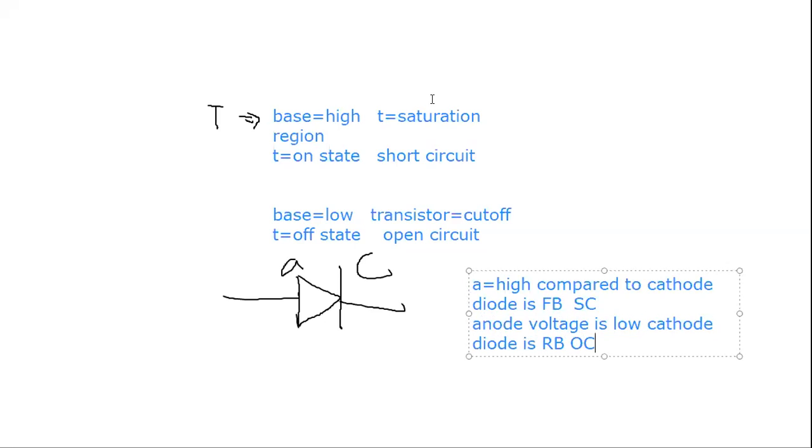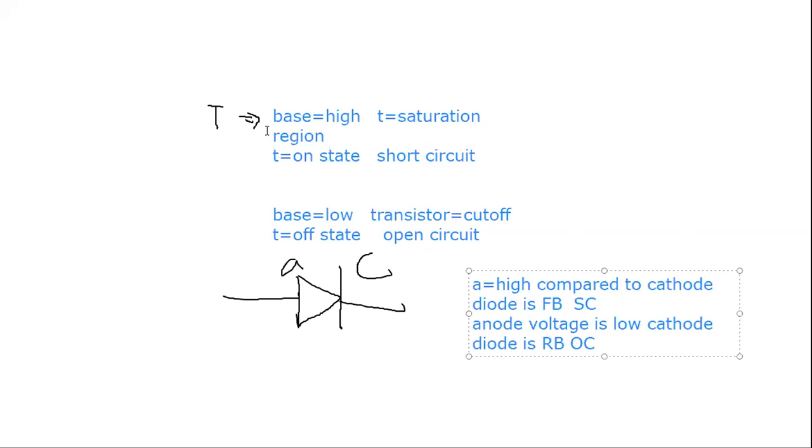So we assume these things when we consider the types of logic families in the saturation region. For saturated logic families you have to remember these things if you want to easily understand the characteristics or operation of these logic families.